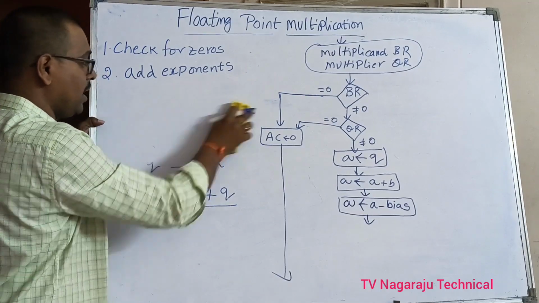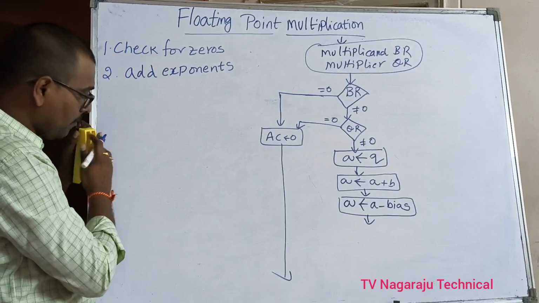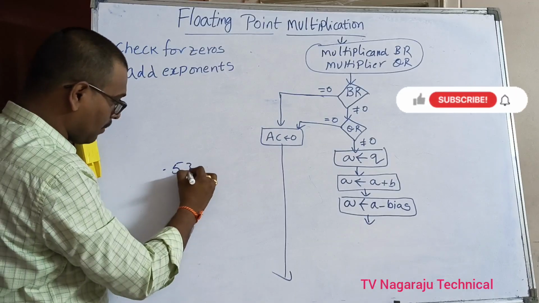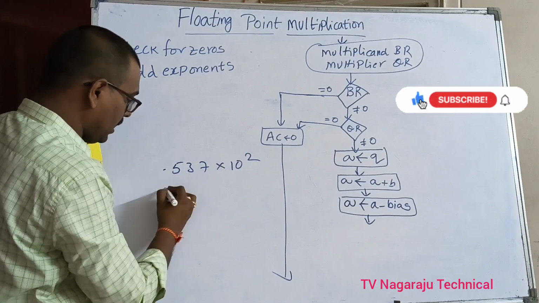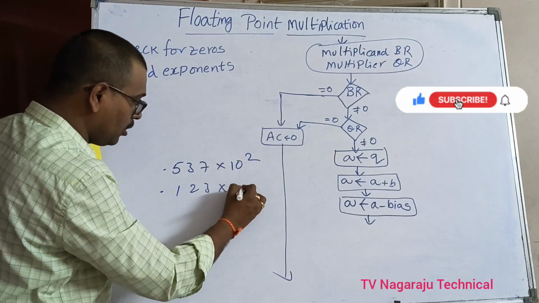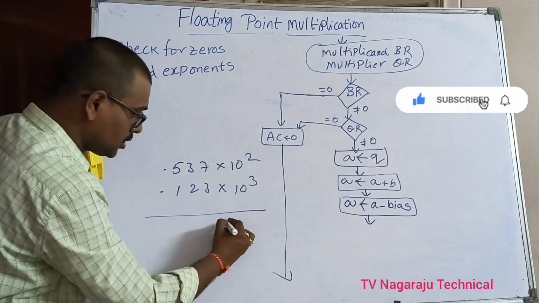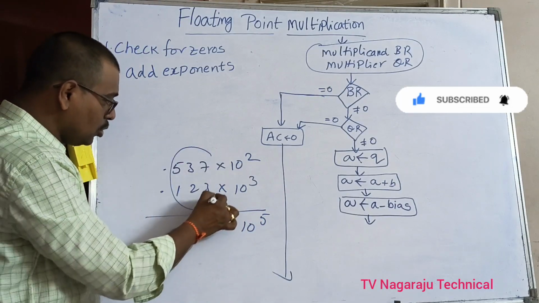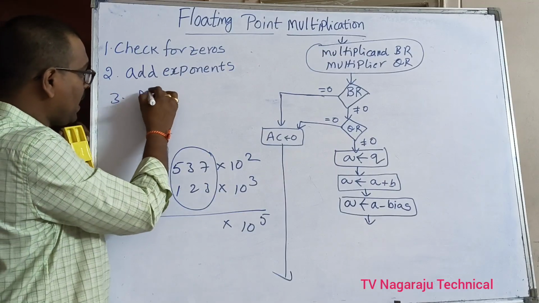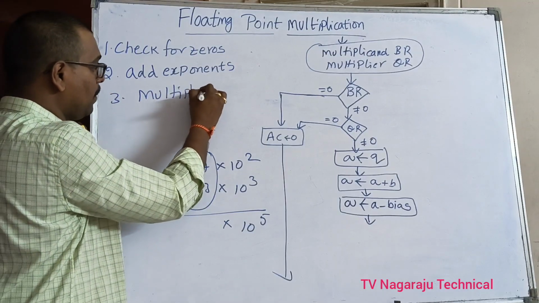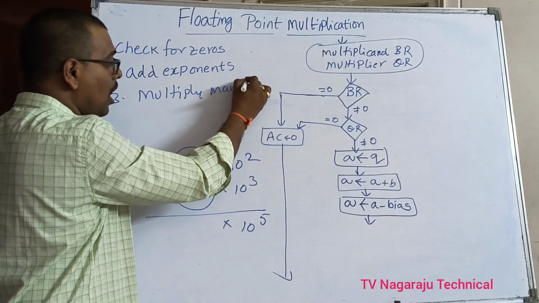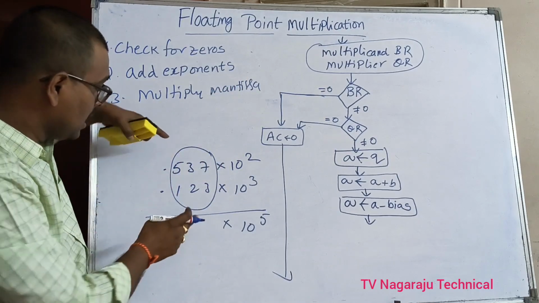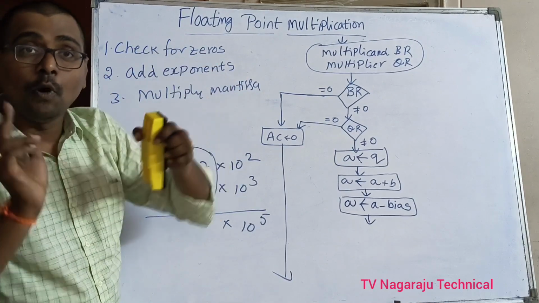Everything is completed. What is the next step? For example, if this is my number, 0.123 into 10 cube, and the other into 10 square, the product has 10 power 5. Now the next step is to multiply the mantissas. How do we multiply the mantissas? Like fixed point multiplication.